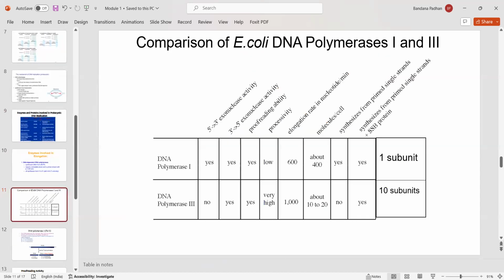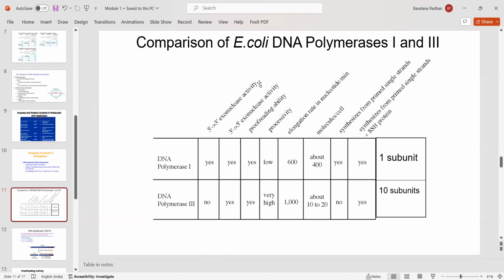If we compare DNA polymerase 1 and DNA polymerase 3, then DNA polymerase 1 has 5' to 3' exonuclease activity. That means it has a repair activity. 5' to 3' exonuclease activity means it can remove mismatched bases, up to 10 nucleotides or more than 10 nucleotides.